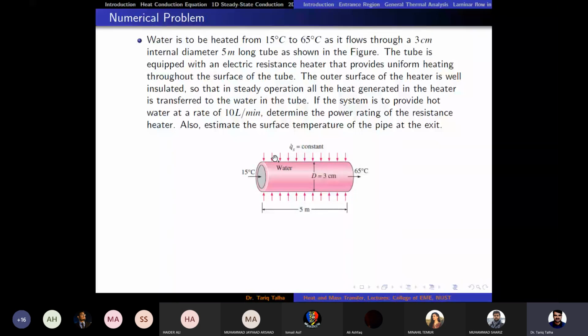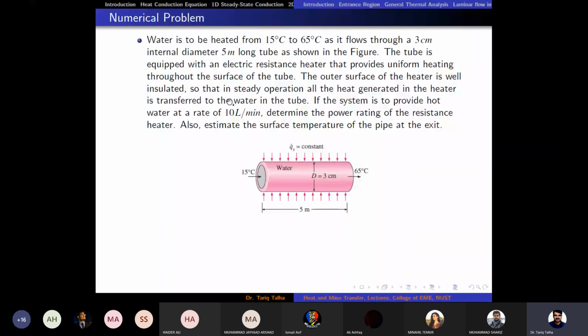So it generates some volumetric heat on the surface, and because the outer surface is insulated, all the heat is going to come in to increase the temperature of the water from 15 degrees to 65 degrees, right?